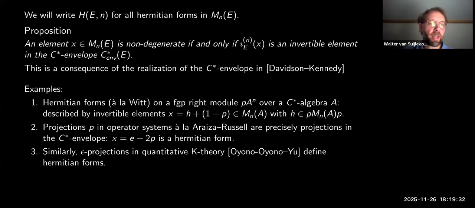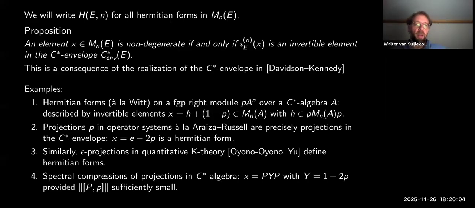And that actually guarantees that this 1 minus 2P still has spectrum away from 0. So it's still invertible in the C-star envelope. So that's a Hermitian form as well. So you also capture this. And if you think about filtered C-star algebras, the filtration actually gives sort of nested operator systems where there is some relation to the product of the C-star algebra, but after all, each component is an operator system.